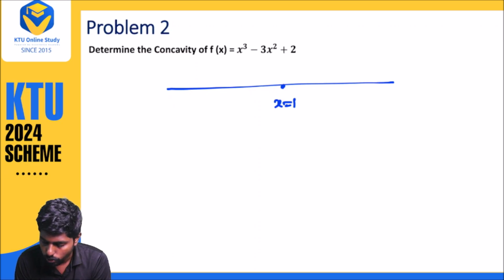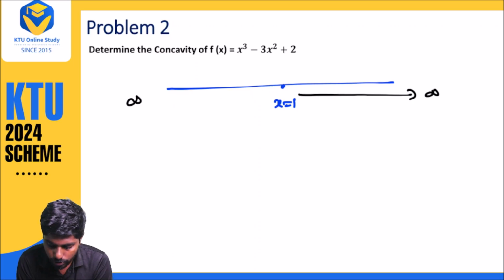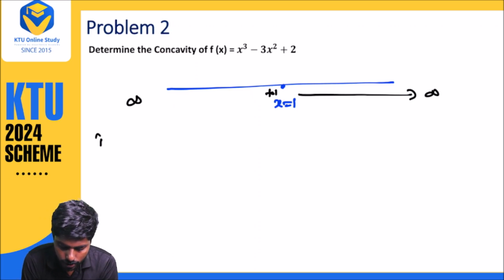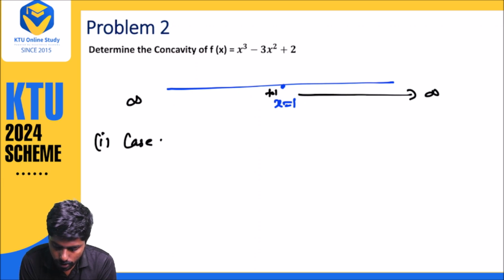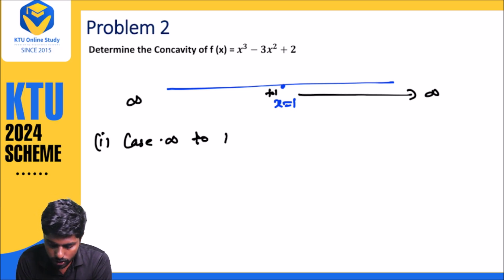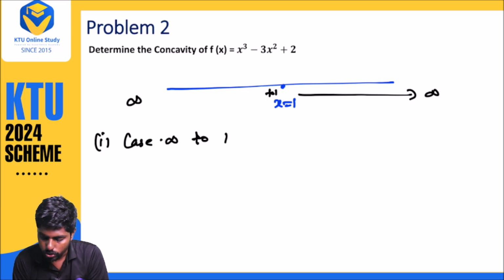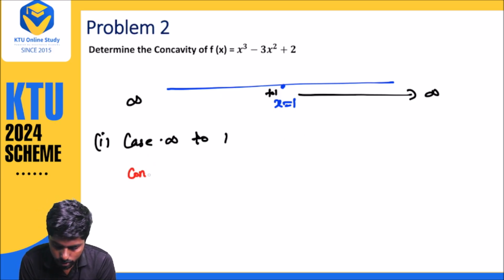From minus infinity to 1, and from 1 to infinity, we have two cases. Case number 1 is minus infinity to 1. Considering the interval minus infinity to 1, I can take x equal to 0, and I can also take x equal to minus 1.